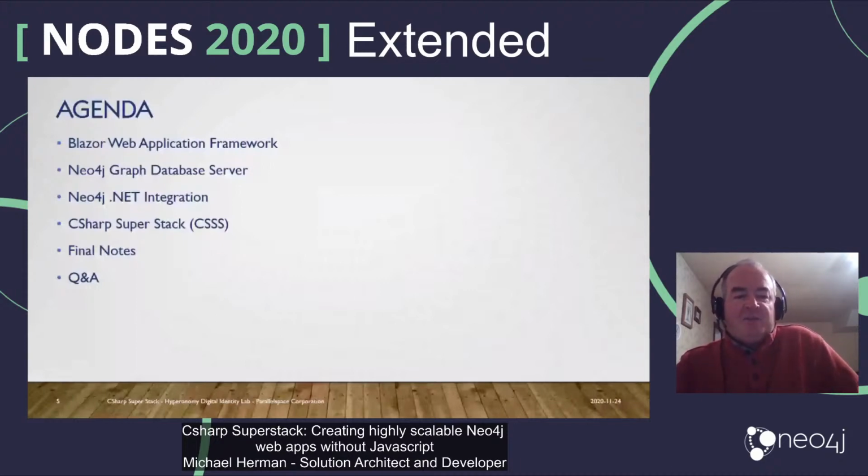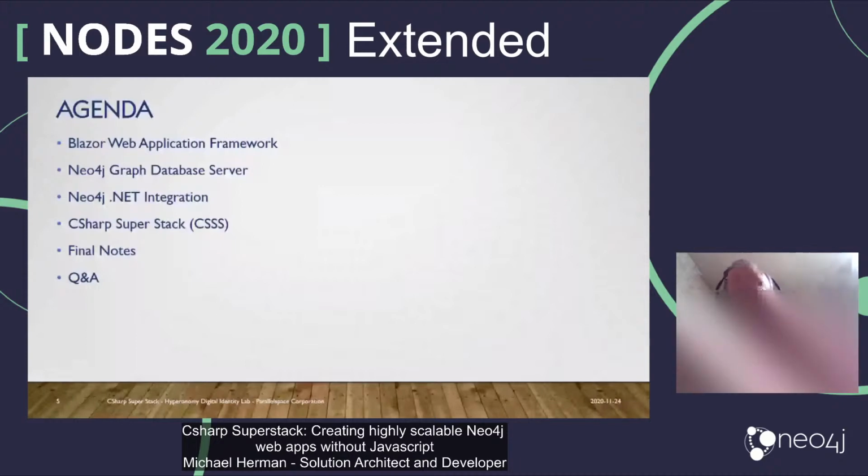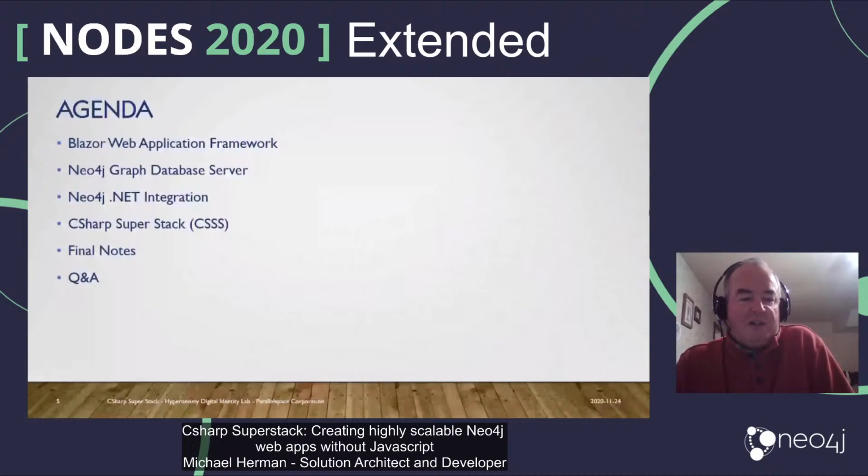So the Csharp Superstack is based, again, on the BLAZOR open source project, and from a Microsoft perspective, it is called a feature, a part of ASP.NET Core, which is also an open source project. The Csharp Superstack that I'm talking about is built on the BLAZOR server app hosting model.